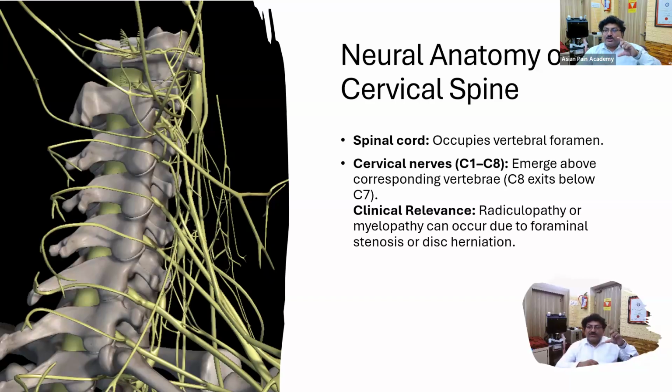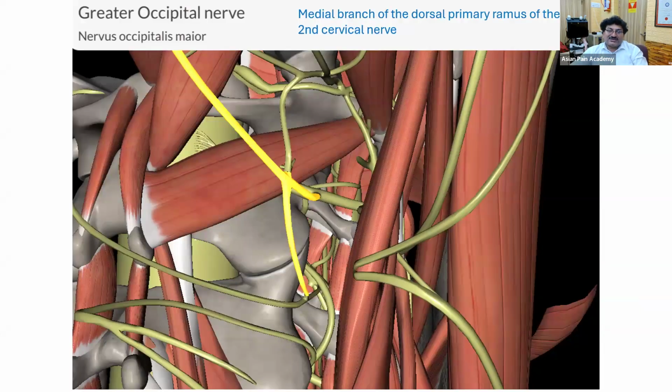So it is C1 to C8. The C1 nerve comes above the C1 vertebral body and the C8 nerve comes out in between C7 and T1. Radiculopathy or myelopathy can occur due to foraminal stenosis or sometimes disc herniation. This is the greater occipital nerve.